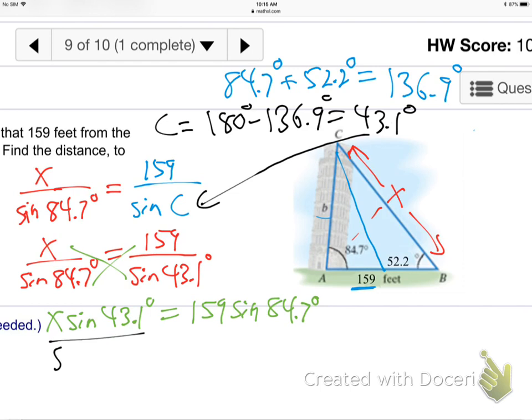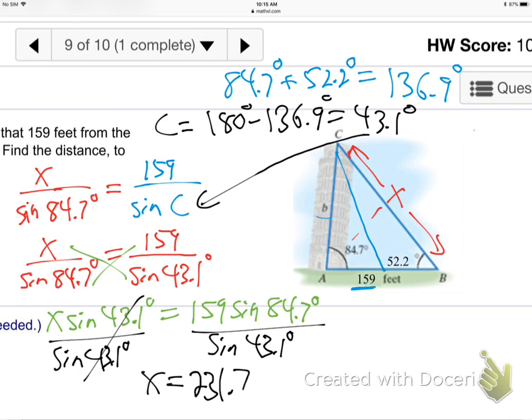And last step, divide by sine of 43.1 degrees. Boom. X equals 231.7.